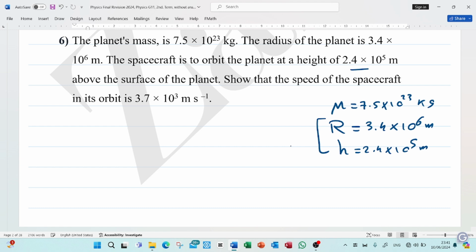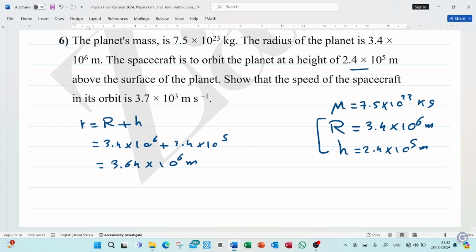From R and h, we can calculate r small. r small equals R capital plus h, the radius of the planet plus the height. Then r equals 3.4 multiply 10 power 6 plus 2.4 times 10 power 5. Then r small is 3.64 multiply 10 to the power 6 meter.